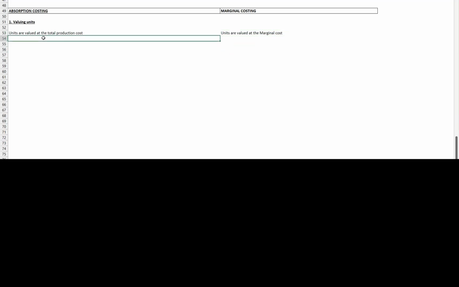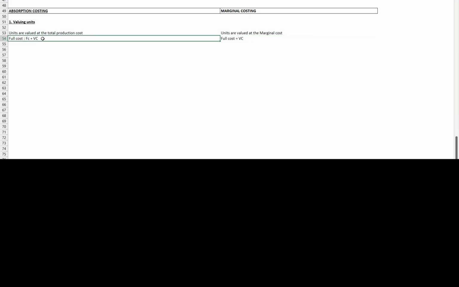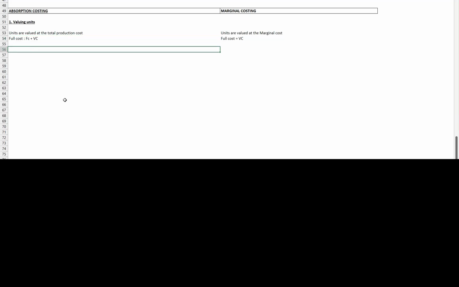So here I will write down full cost. Full cost means your fixed cost plus variable cost. And here, marginal cost means only variable cost. No fixed cost will be considered in case of the marginal costing, right?